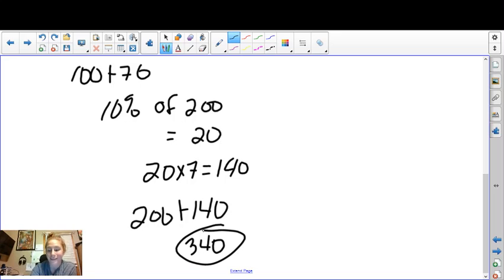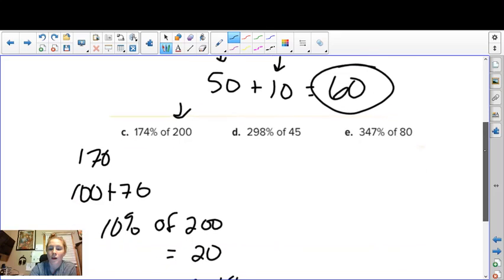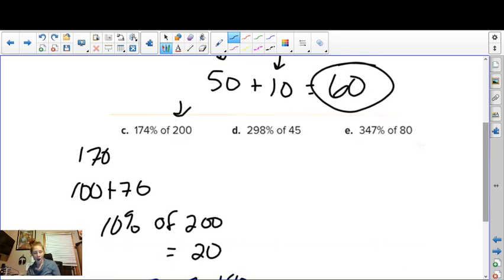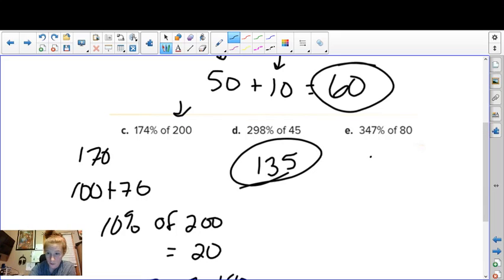So 340 is about 174% of 200. All right, go ahead and do D and E. You should get 135, and you should get 280.